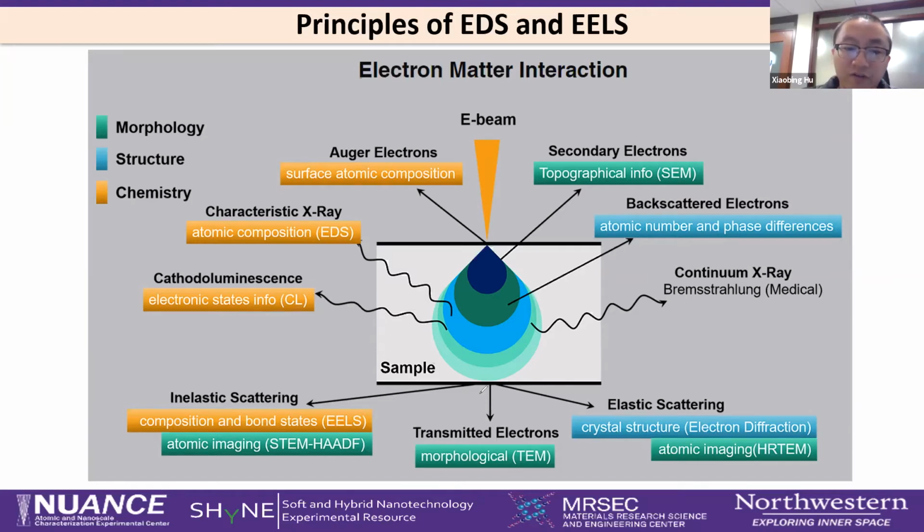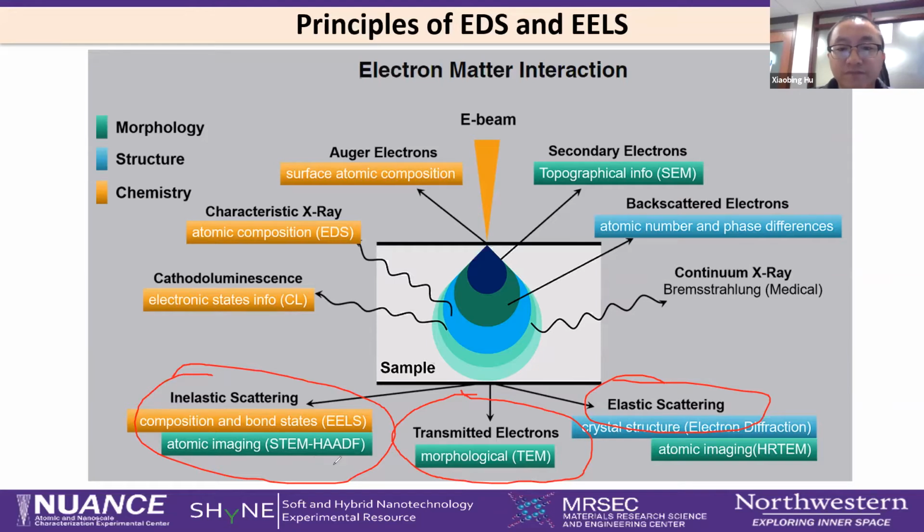The transmitted electrons we can use for imaging. For some elastic scattering, we use these electrons for diffraction under HRTEM. We also have some inelastic scattering, which is usually used for EELS and study for image.